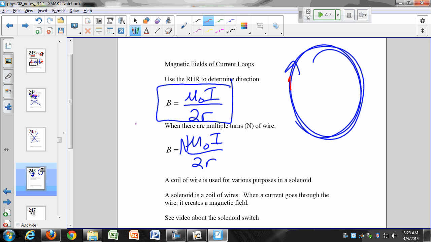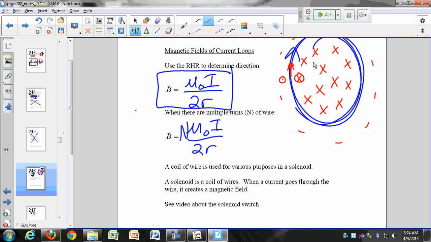Let our fingers go in the direction of the current, and then they wrap around, our thumb goes in the direction of the current rather, and then they go into the page and out of the page over here. If you do that all the way around, you find that the magnetic field is into the page in the center, and it's out of the page all the way around. If you flip the direction of the current, it flips the direction of the magnetic field.